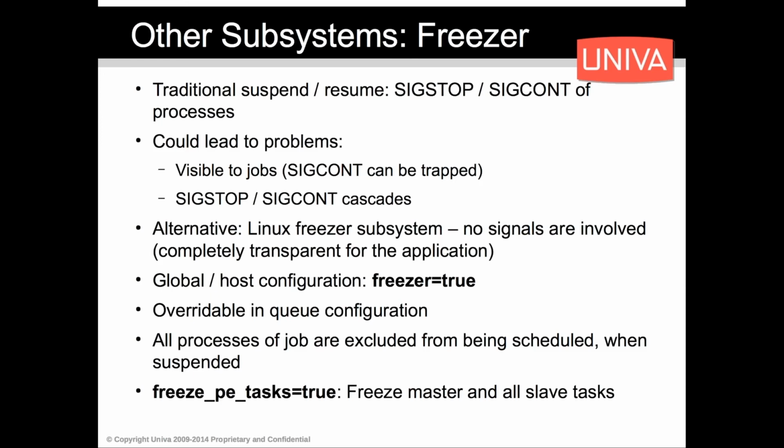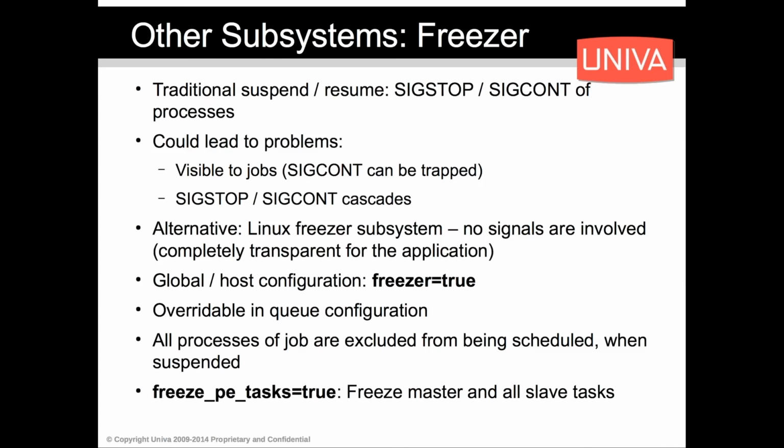An alternative is using the Linux freezer subsystem, because it does not send any signals to the job. That means it is completely transparent for the application. All you have to do is set freezer equals true in the global or host cgroups configuration.